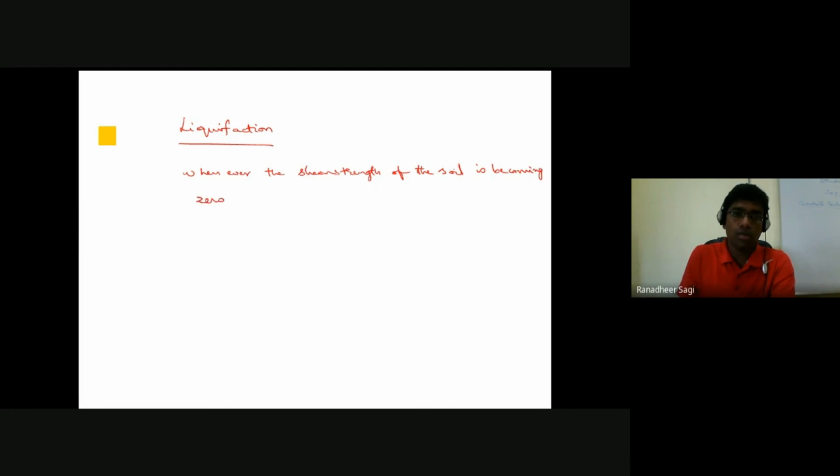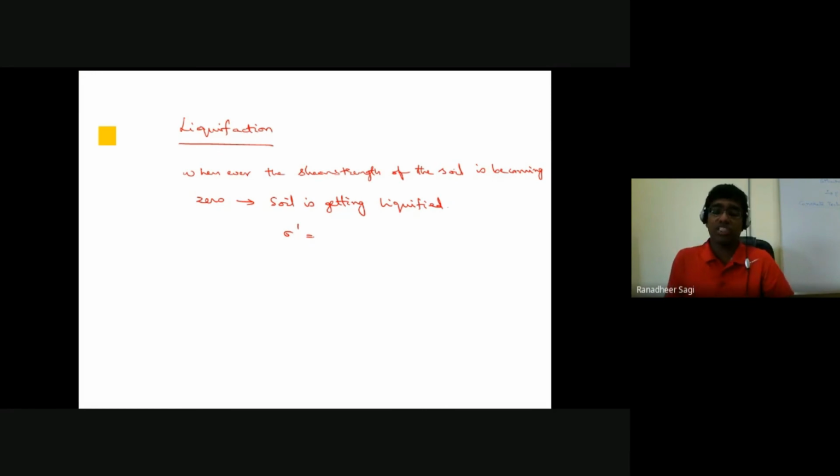I repeat: whenever the shear strength of the soil is becoming 0, we say the soil is getting liquefied. In other words, I can say the effective shear strength of the soil is becoming 0 whenever the soil is said to be undergoing liquefaction.